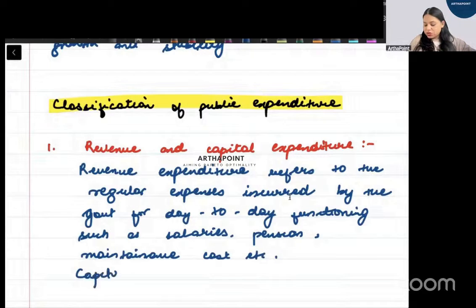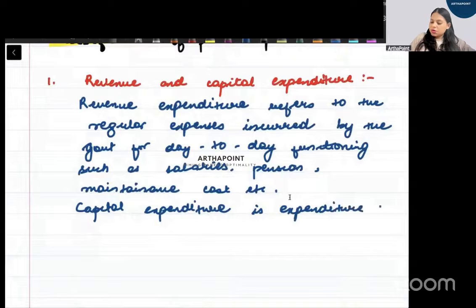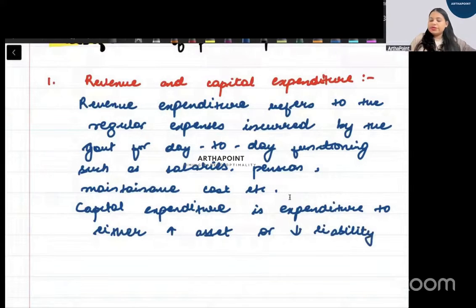Capital expenditure is expenditure to either increase assets, which means acquire some asset, or decrease liability. So when you repay your loan, you're reducing your liability. That's also capital expenditure, right?